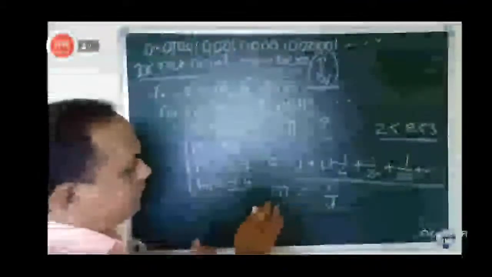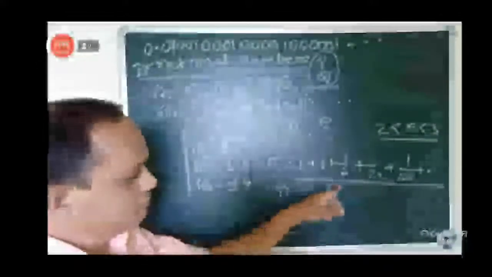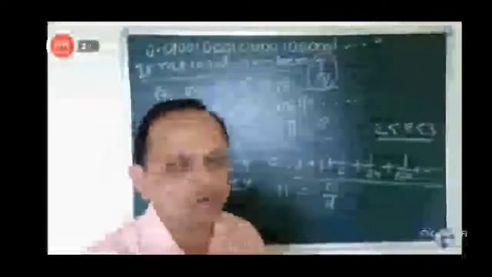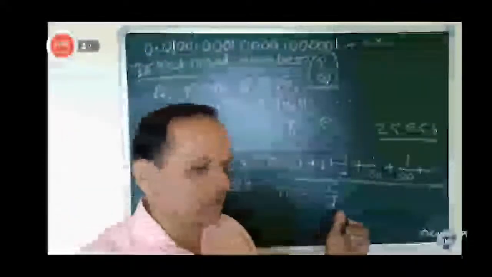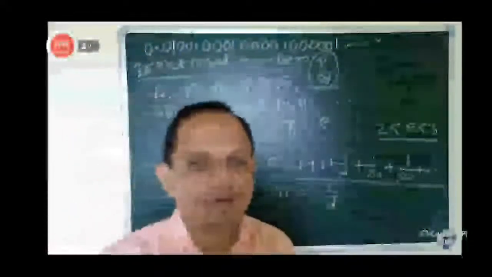What is pi? Pi equals circumference by diameter. The ratio of the circumference of a circle to its diameter is pi. We find pi when we go through the circle chapter.